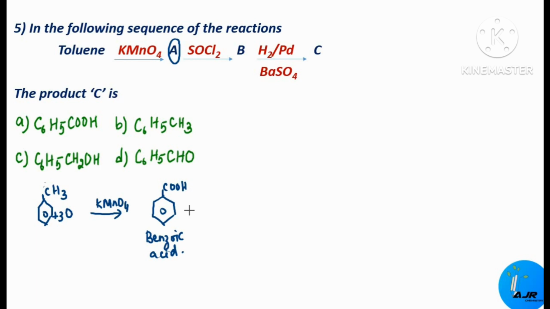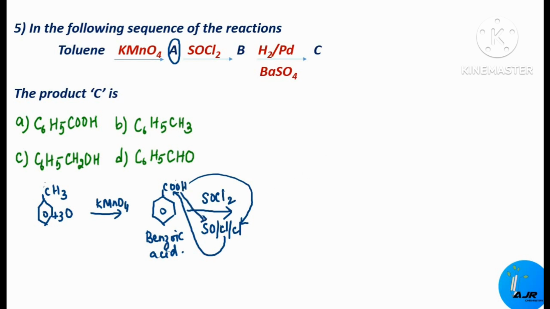So now let us see what is happening when this benzoic acid is treated with thionyl chloride, SOCl2. For you to understand easily, I am breaking this SOCl2 as Cl and Cl. One of the Cl is getting attached, this H is getting attached to this one, and this Cl is getting attached to this COCl, and this oxygen is getting attached to this SO.